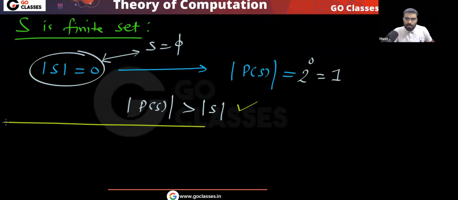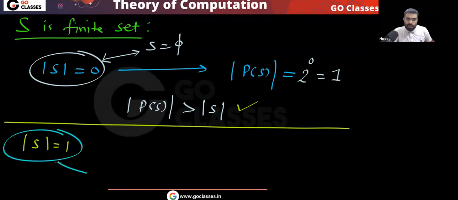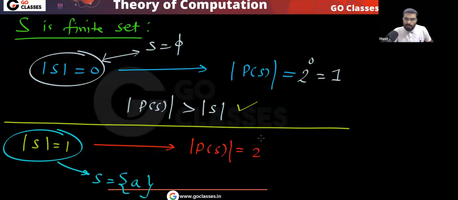What about if the cardinality of S is 1? If you have only one element in your set, what will be the cardinality of the power set? That will be 2 to the power 1, that is 2.